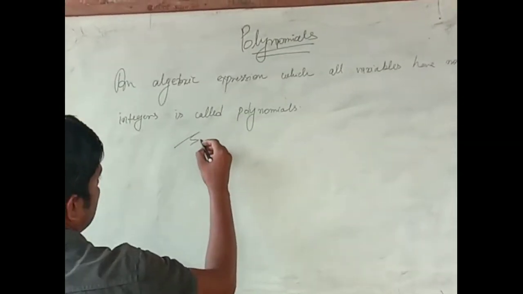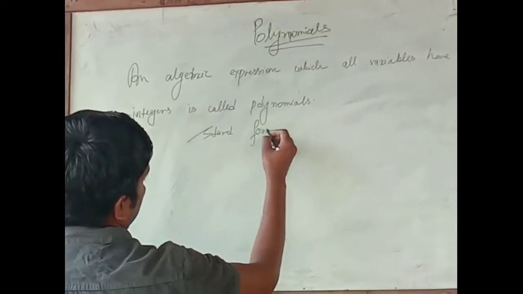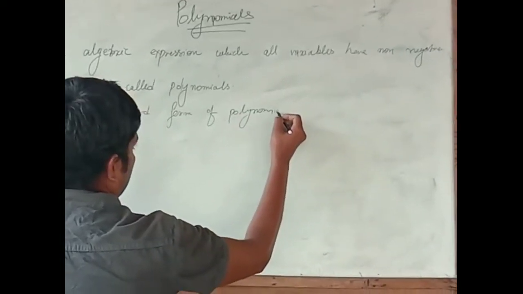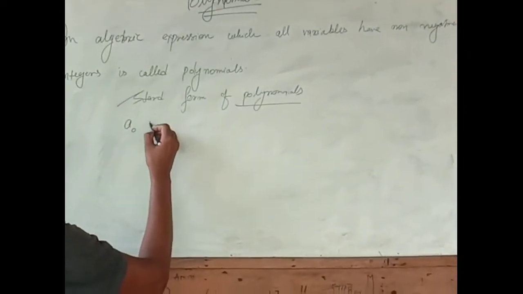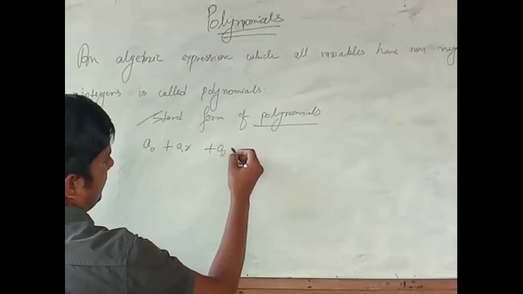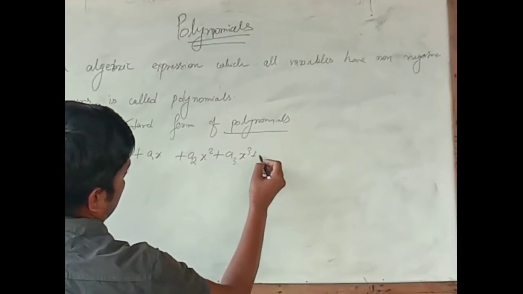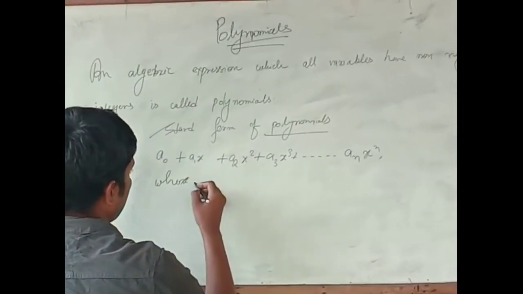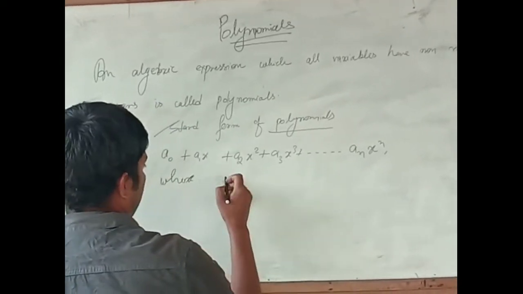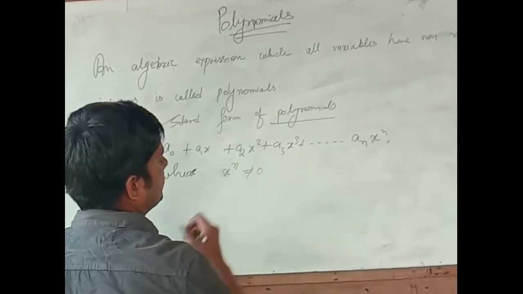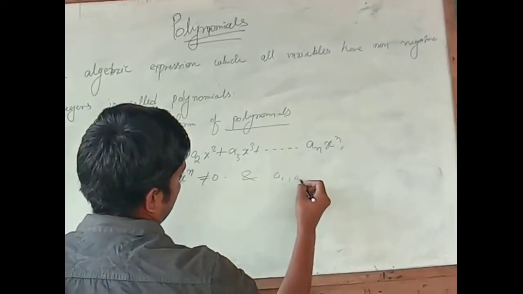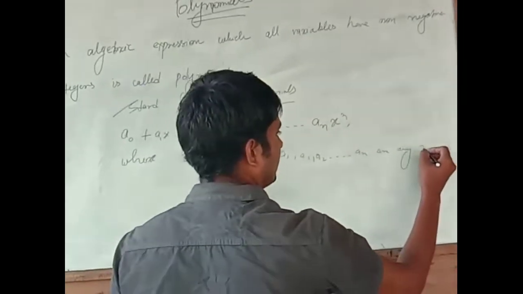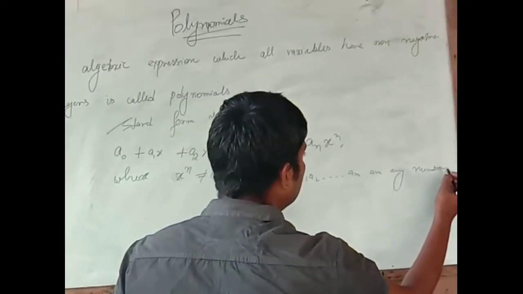The standard form of a polynomial is a0 + a1x + a2x², and so on up to anxⁿ, where an is not equal to 0 and a0, a1, a2 are any numbers.